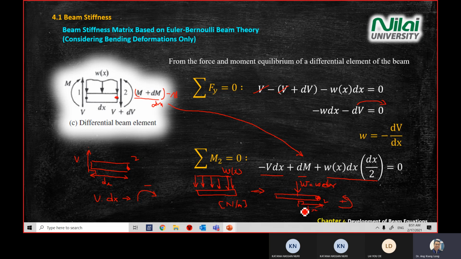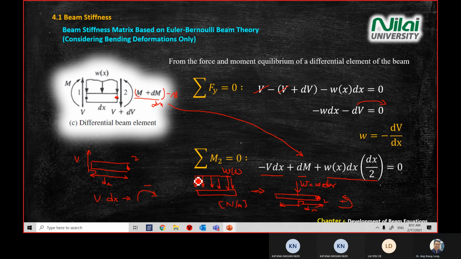Sorry, I gave you the wrong notation here. The distance is dx. If you convert from a distributed load to a focused load, in this case, it will always act at the half length of the element.